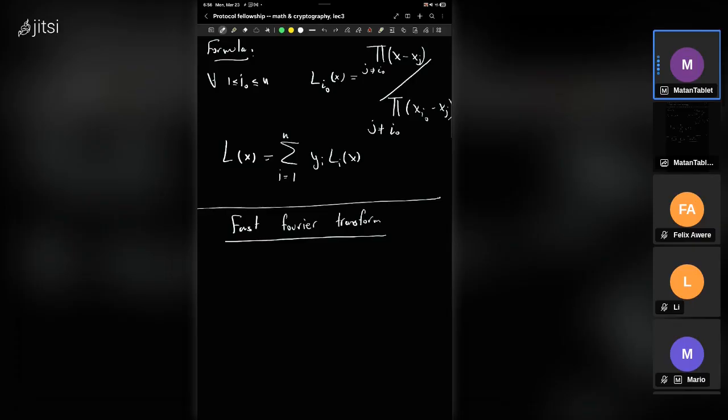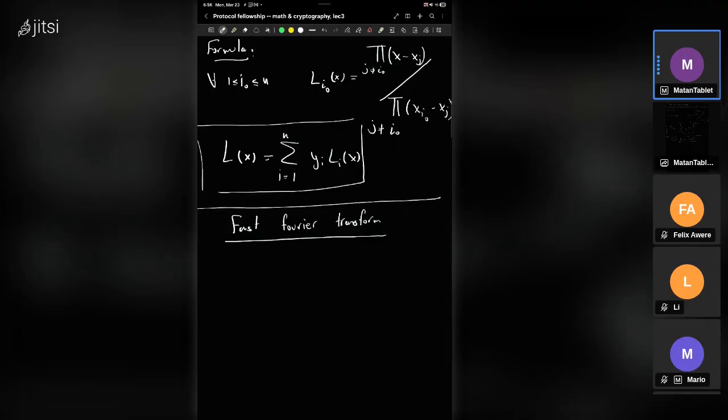This depends on your application, but for the vast majority of cryptographic applications, we use Lagrange interpolation. The reason is this simple form as a sum of polynomials is very convenient for applications. Any other questions before we take a break?